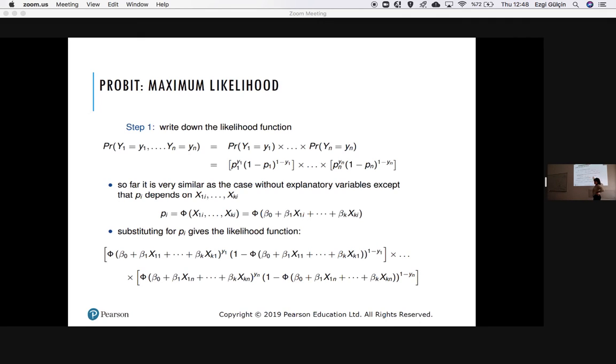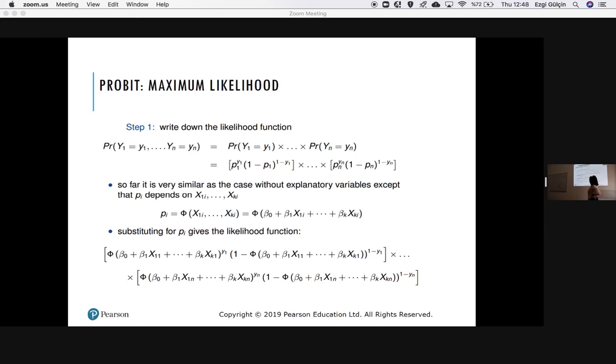Okay, this is what we have just seen. So while before the probability of each observation was a number, now the probability of each observation depends on X.